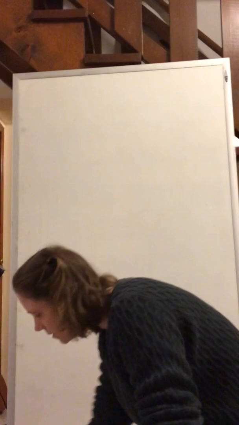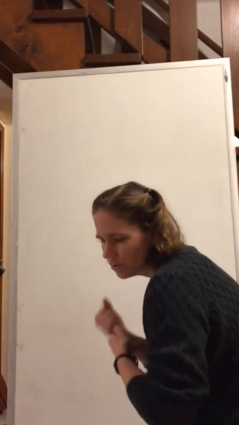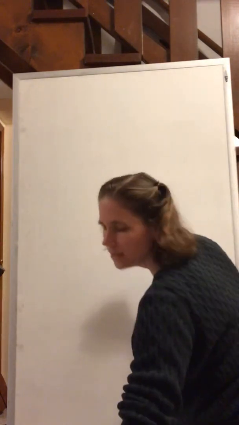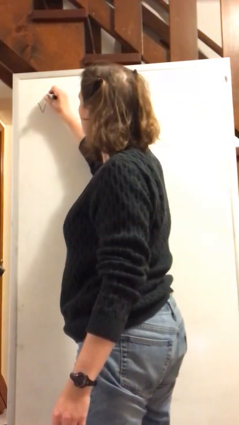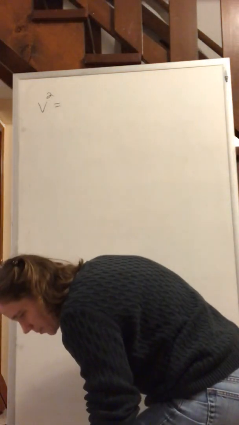So for 37, we're given that the velocity squared has to be in this particular relationship.